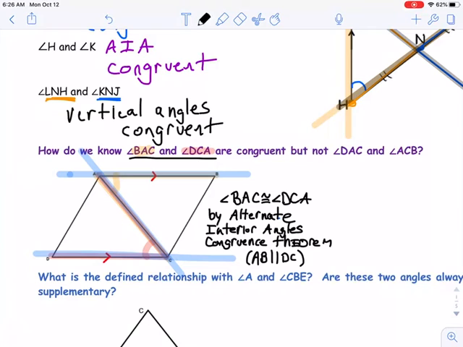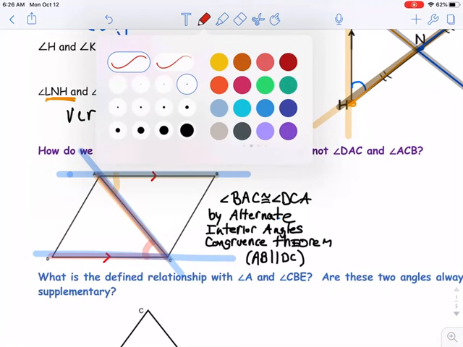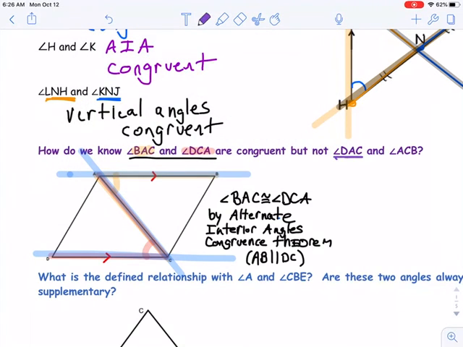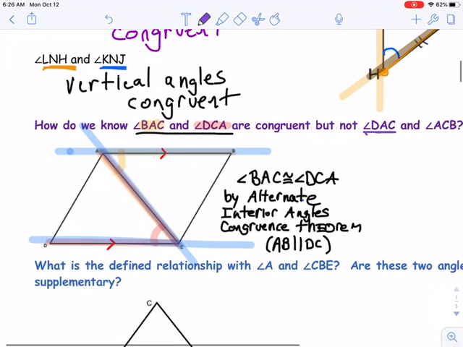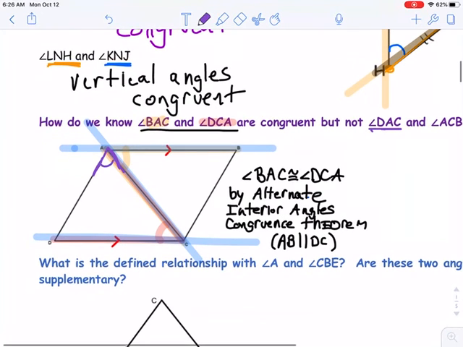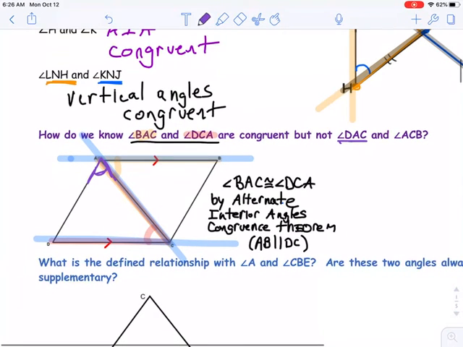All right. So it's saying, how do we know that those two angles are congruent? Let me pick some different colors. Let's use this weird purple. DAC would be this angle right here. So DAC and ACB.